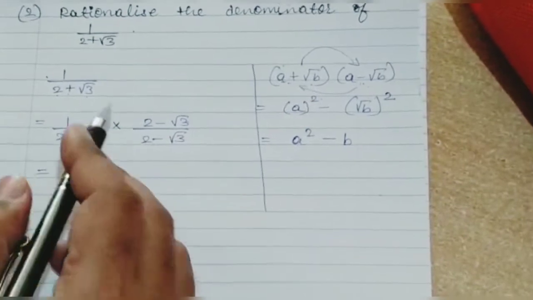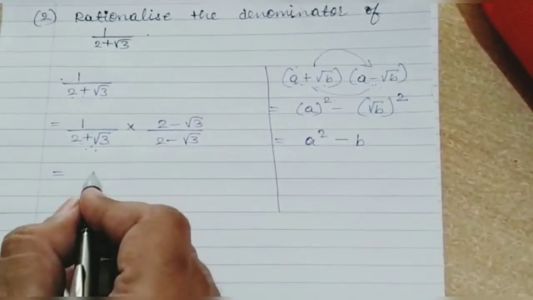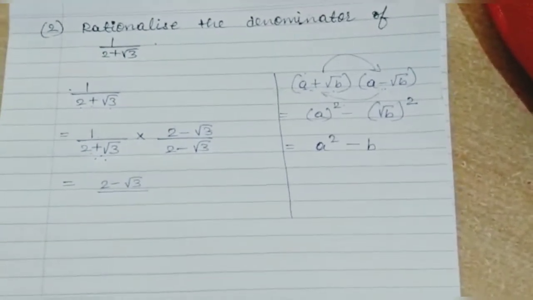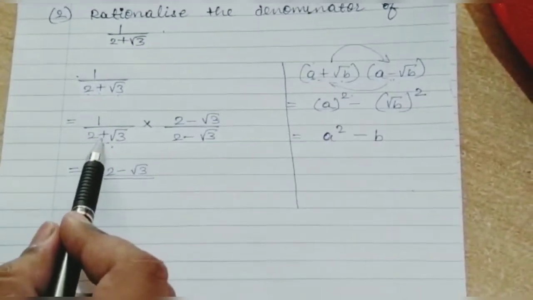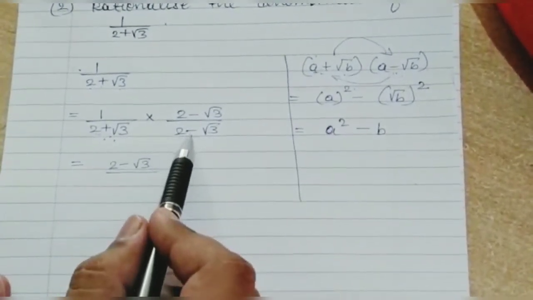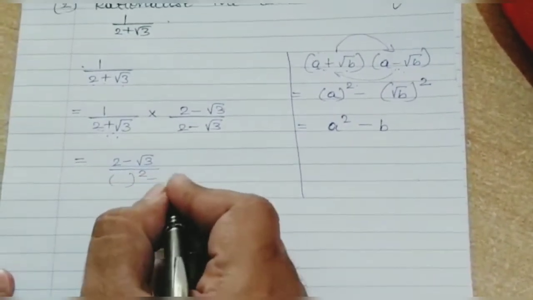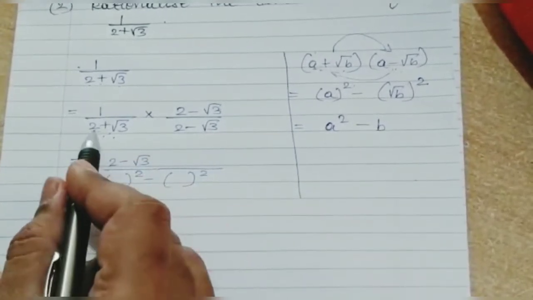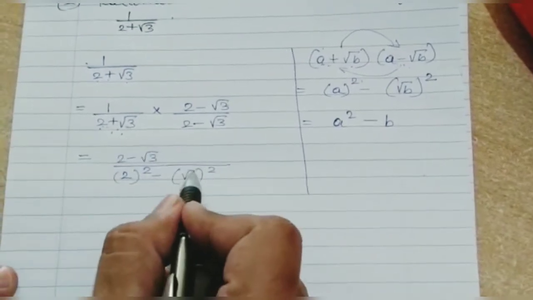In the next step, 1 into 2 minus root 3 will be as it is, that is 2 minus root 3. In the denominator, as we have seen, this is a plus b and a minus b, so it gives a square minus b square. What is a here? Your a is 2. What is b? Your b is root 3.